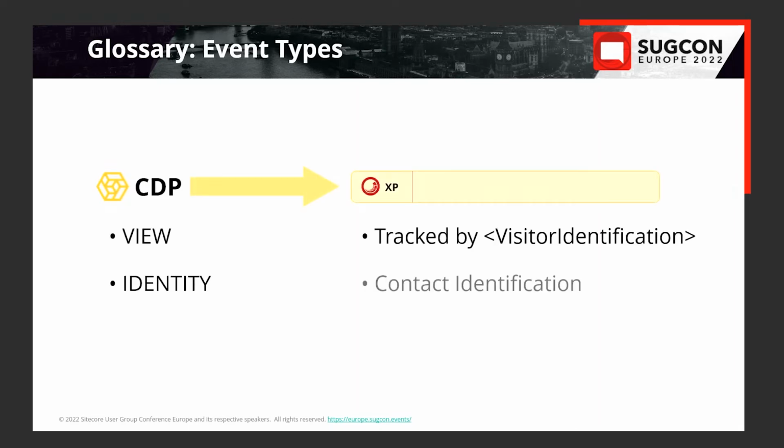A little bit of glossary here. I mentioned that there's more power sometimes in CDP Personalize than in XP. Here we have two events, view and identity. The two are equivalent to track the visitor identification, the page view, and doing an identification contact.